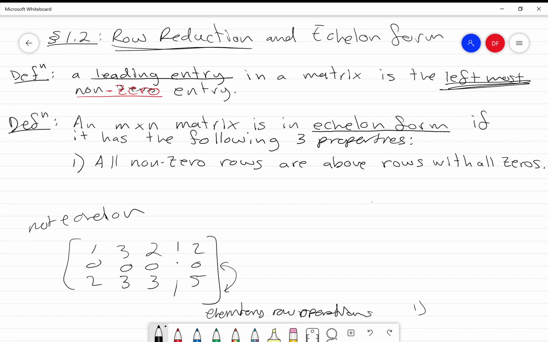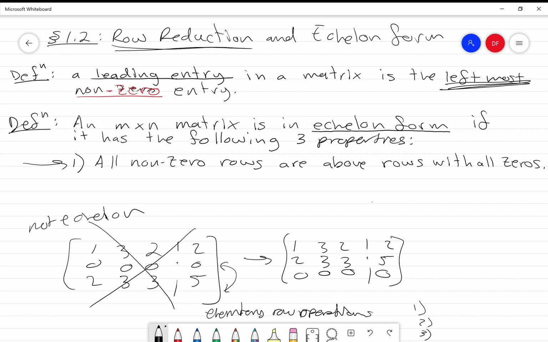Remember the 3 row operations that we can do? This is one of them. So that I get 1, 3, 2, 2, 2, 3, 3, 5, 0, 0, 0, 0. So the condition number 1 here is not met. But condition number 1 here is met because you see the 0 row is on the bottom, okay? And everything above it is non-zero rows.